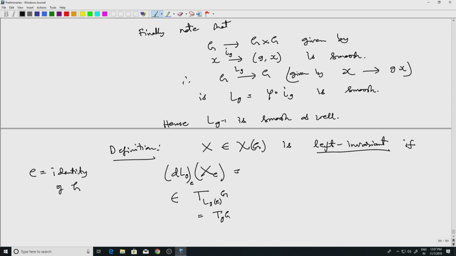So this will give me a tangent vector at the point g. Now the condition that the vector field is left invariant is that this tangent vector is precisely the value of the vector field at g.